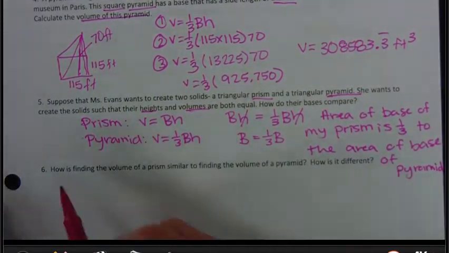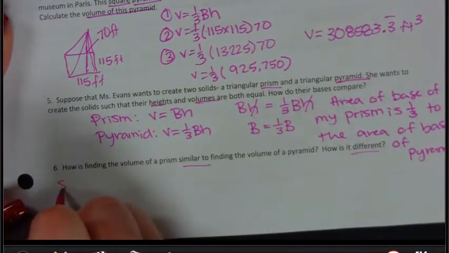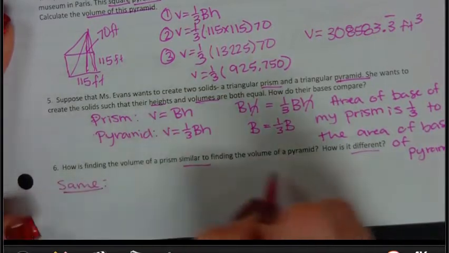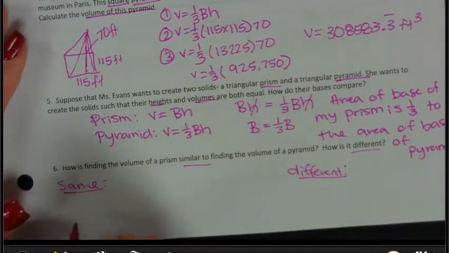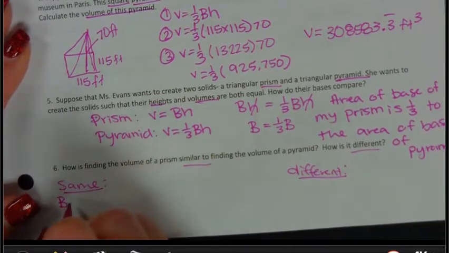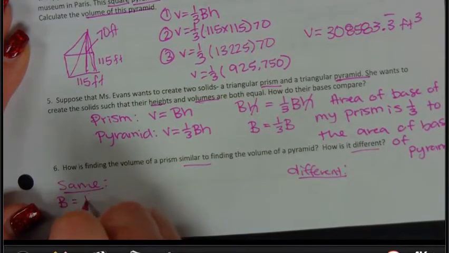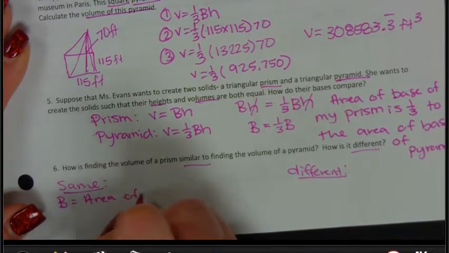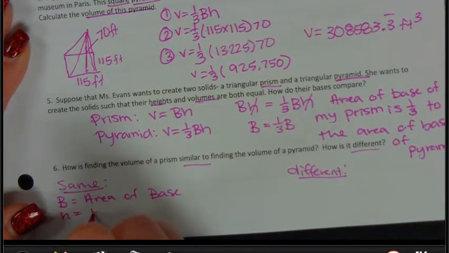Okay, how is finding the volume of a prism and a pyramid similar, and how are they different? So I'm going to have two different columns here. I'm going to have same, different. How they are the same is that if you think about our equations right here, they both consist of capital B, which is the area of the base. They both consist of an H, which is the height.